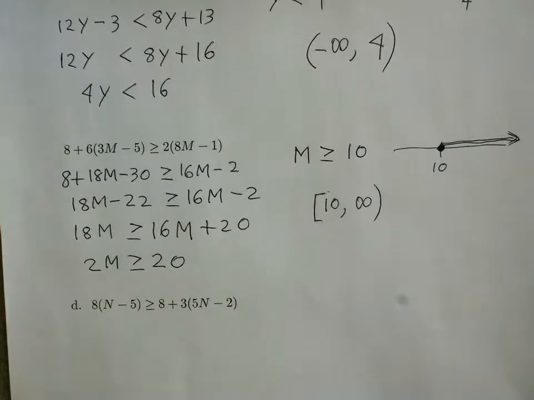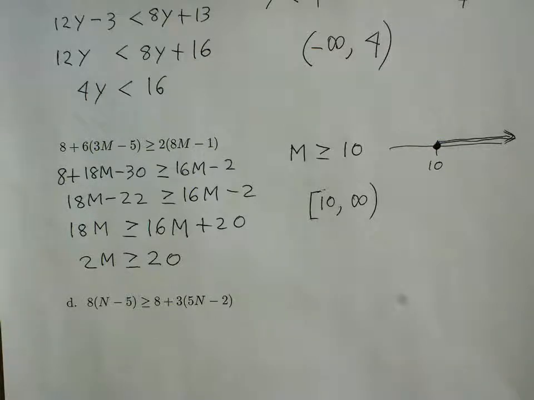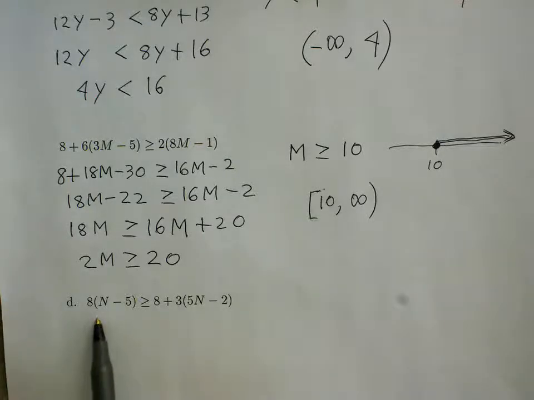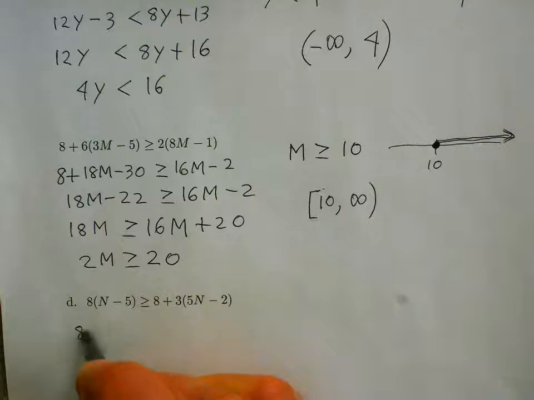Okay, let's try the next one. So on the left-hand side, we apply the distributive property, 8 times n minus 5. And that's greater than or equal to 8 plus 3 times the quantity 5n minus 2. Okay, so on the left-hand side, 8 times n is 8n.